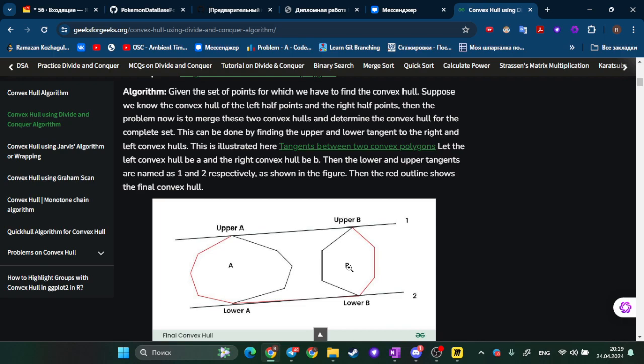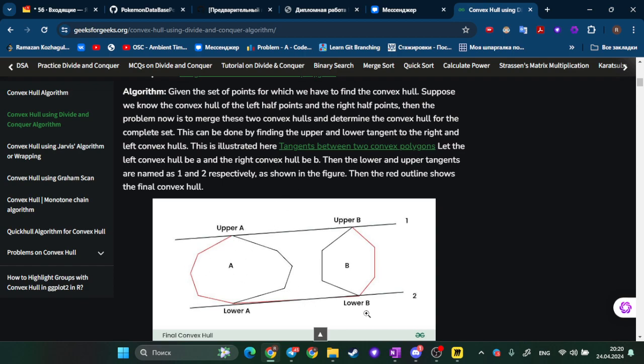Okay, let's continue. We need to find the upper and lower tangents to the right and left convex hulls, instead of finding upper left, upper right, and so on for all of the points.